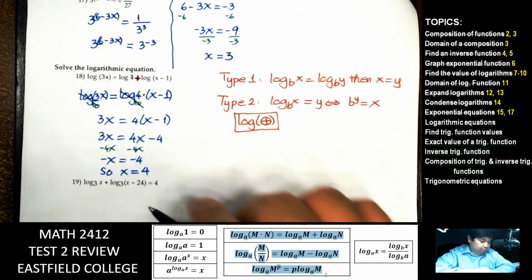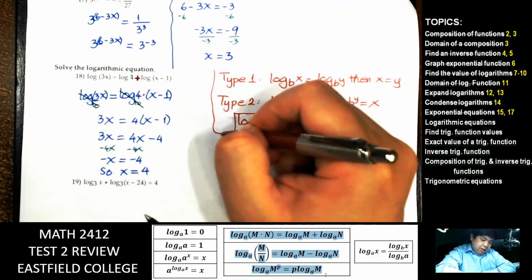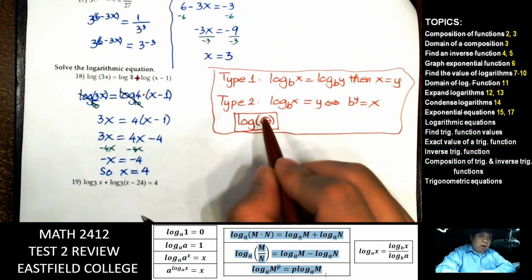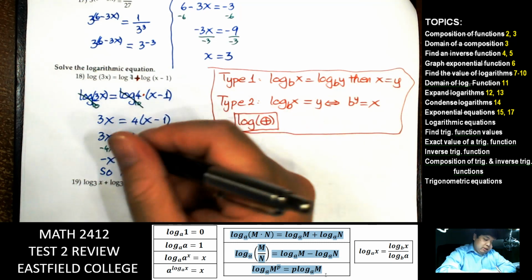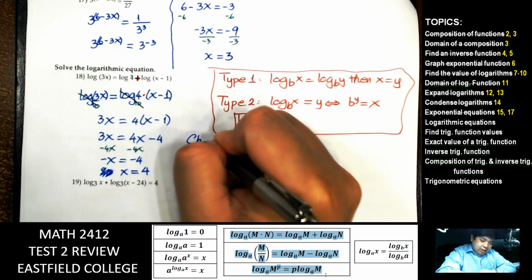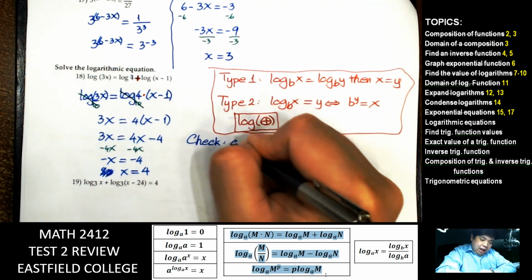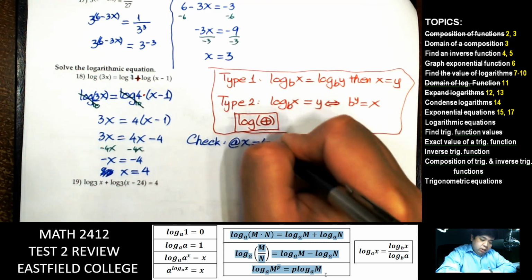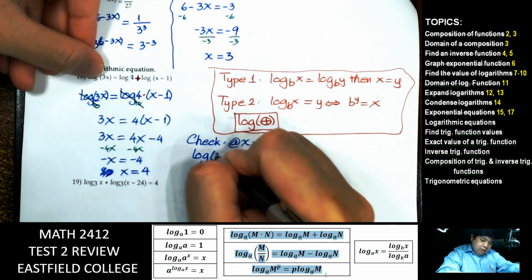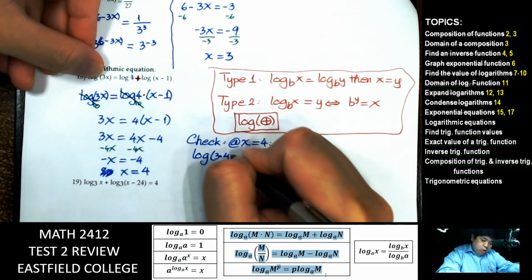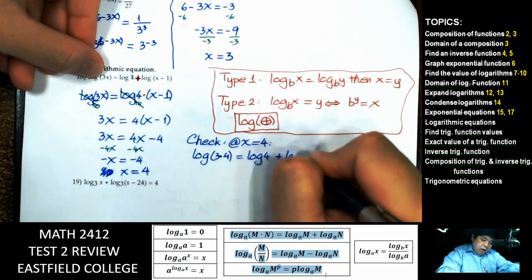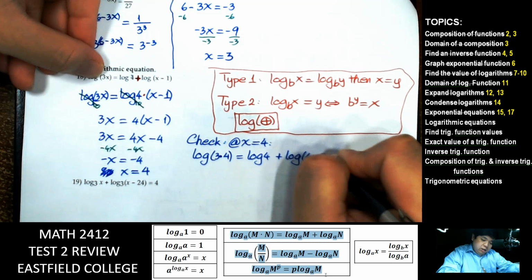Almost like that, except we just need to check that the log arguments must be positive. So we do not have the conclusion yet. So we check at x equal to 4. We're going to put 4 in for x. That is log base 4 minus 1.